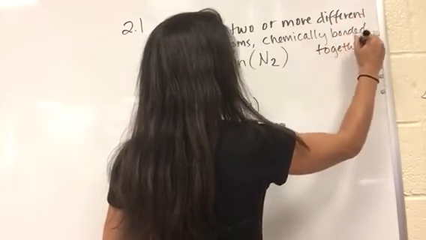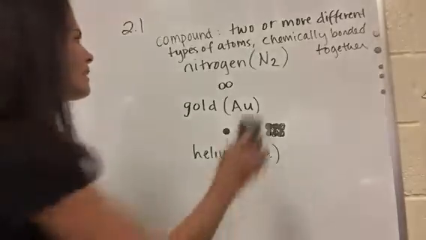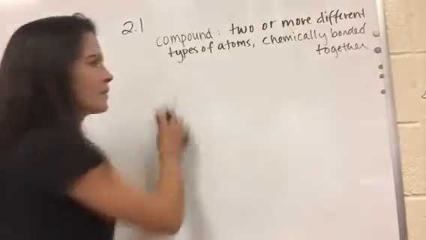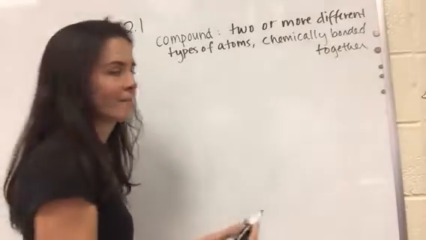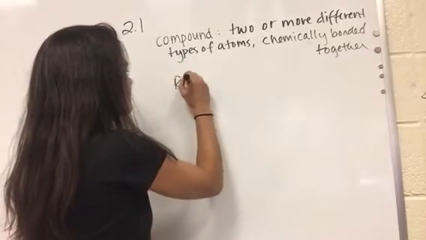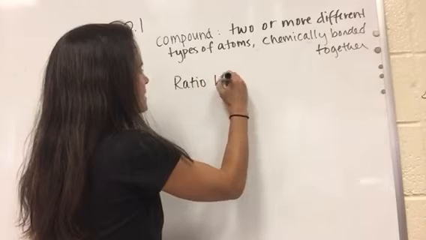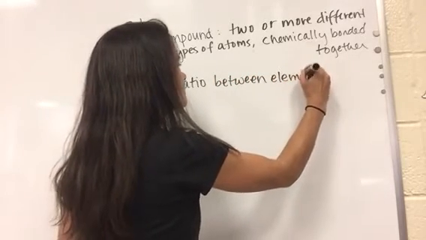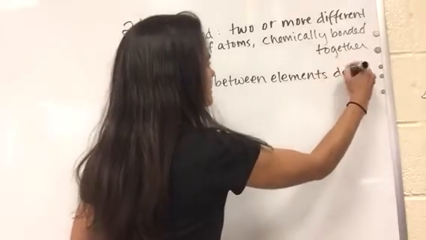Another characteristic of a compound is that not only are they chemically bonded together, but they're always chemically bonded with the same ratio. So the ratio between the elements does not change.